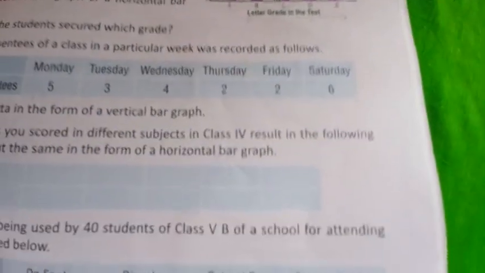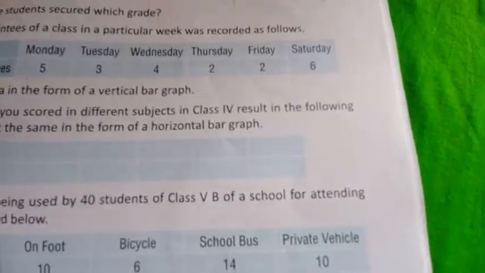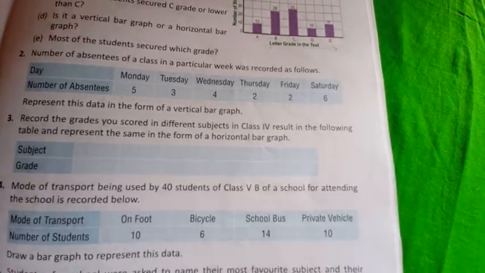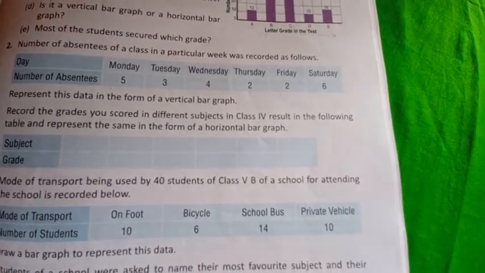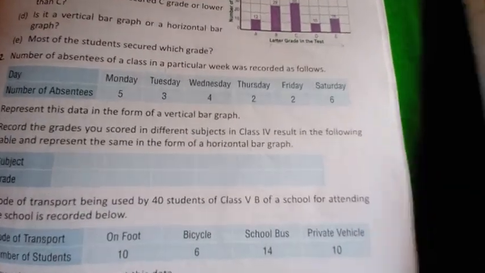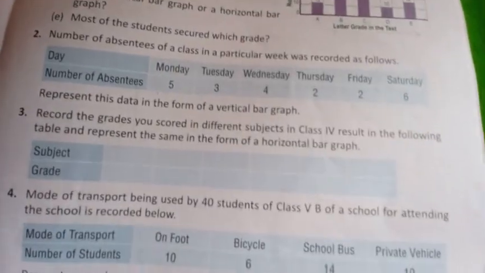Okay, next question number 4: the mode of transport being used by 40 students of class 5B of a school for attending the school is recorded below. So the information is given.